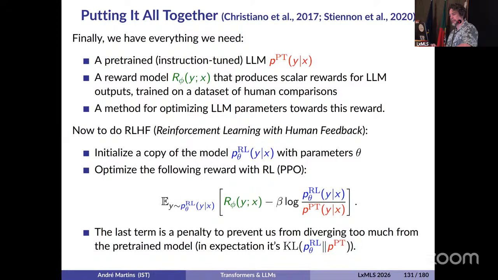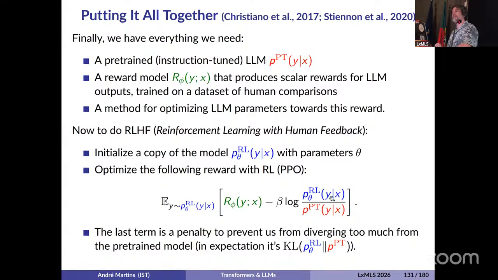proximal policy optimization, where you basically optimize this objective function, where you want to maximize the rewards, but you also have a regularization. You don't want the model to deviate too much from the pre-trained model. The reason for that is that if you don't have this term on the right, models tend to drift very quickly.